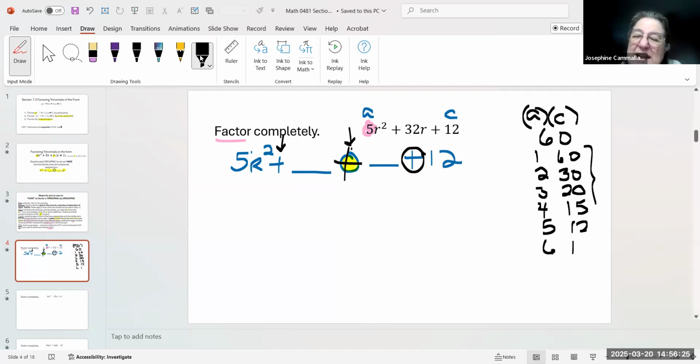This is what you need to think. Now, some of you could have already said, okay, I'm looking for one of these 6 sets of factors to add to 32. Do you see that's the one in the middle? Right there, the 2 and the 30.